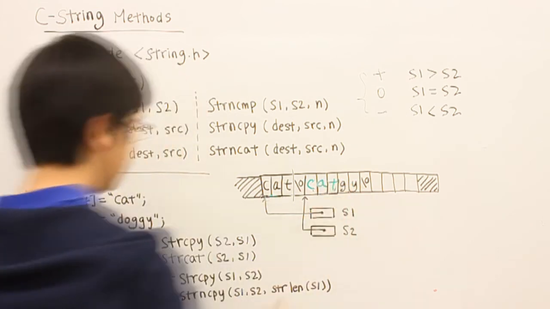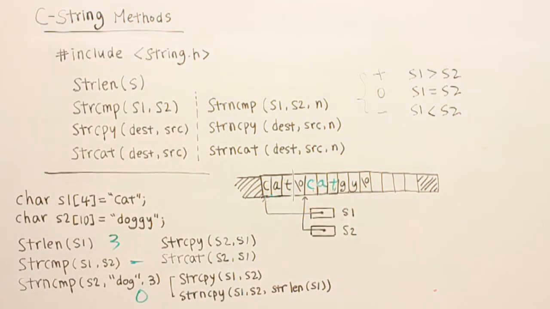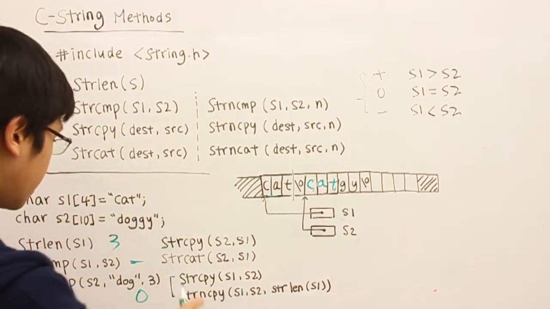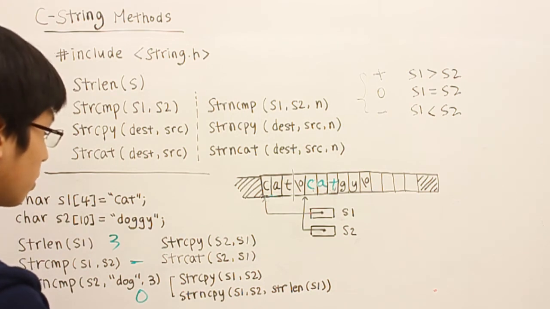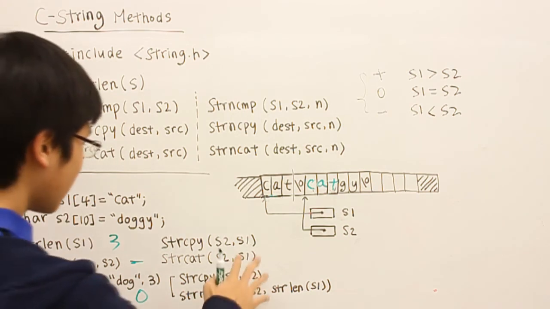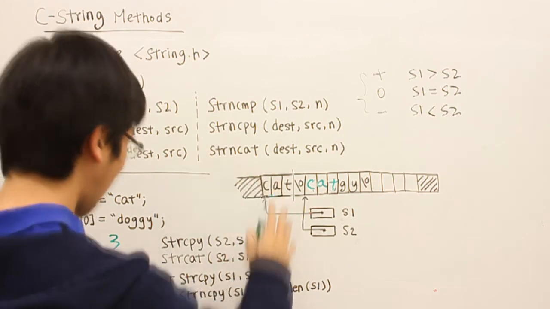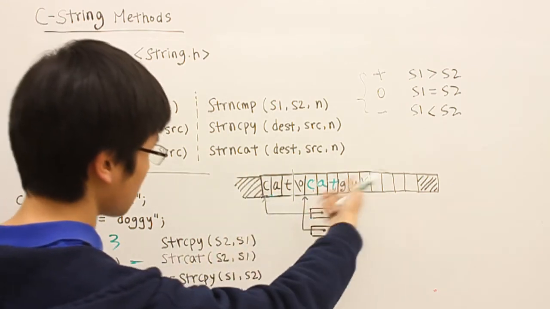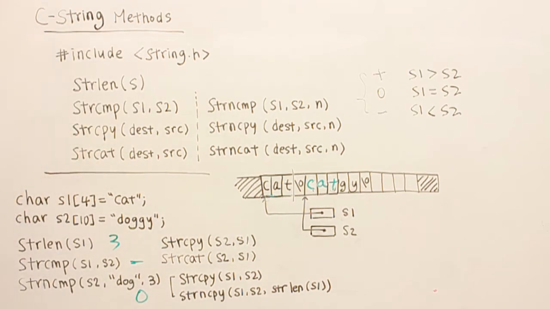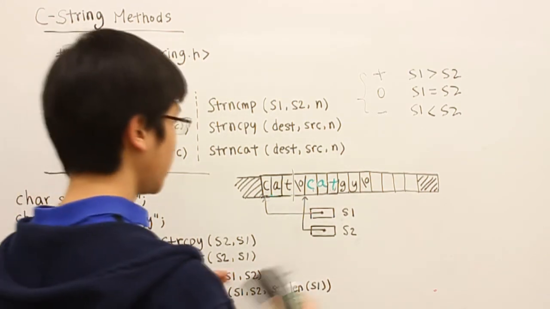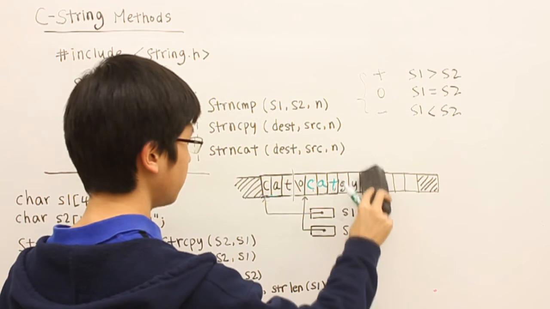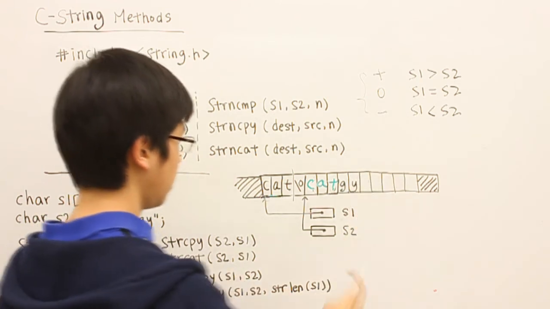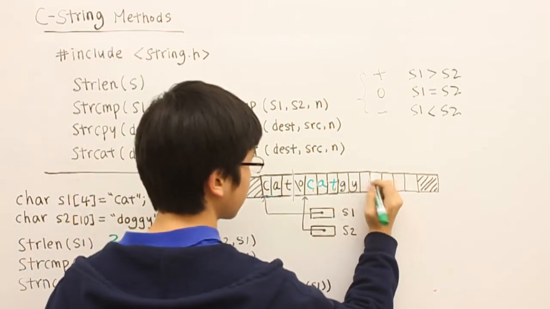Now we have strcat S2, S1. So what we do here is we take the string in S1, which is cat again, and we put it at the end of catGY, which is S2 right now. So we go to the null character, remove this null character, and then put cat over here.